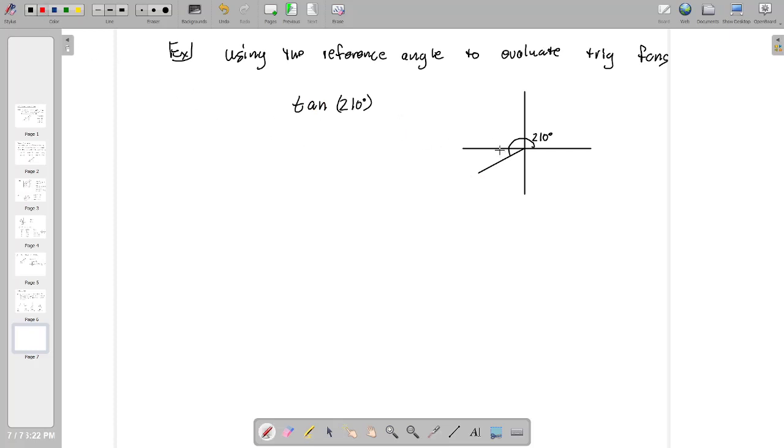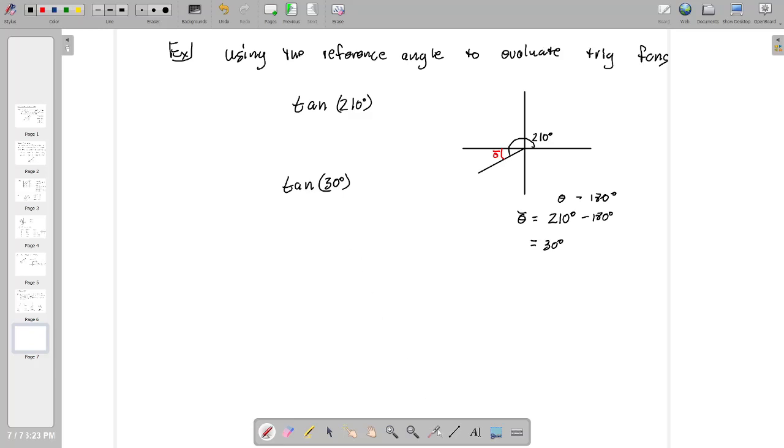The theta bar that we're looking for is here. This is what we're going to use to evaluate tangent. Theta bar is equal to 210 minus 180. So we get 30 degrees. What we're going to do is we're going to find tangent of 30 degrees.